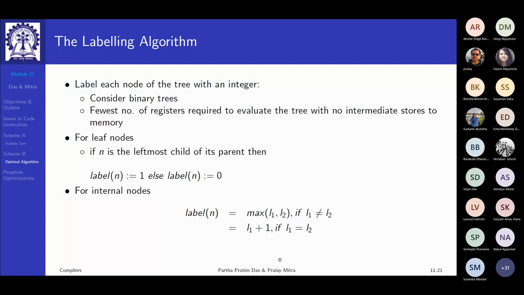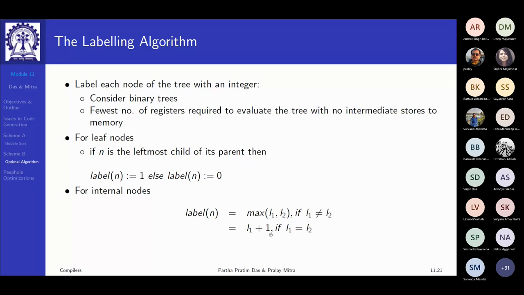And to compute the right subtree, I need L2 number of registers. So while I compute the right subtree, I cannot use the register where I have kept the value of the left subtree. So I need one register more than L2. So this is L2 plus 1 or L1 plus 1.